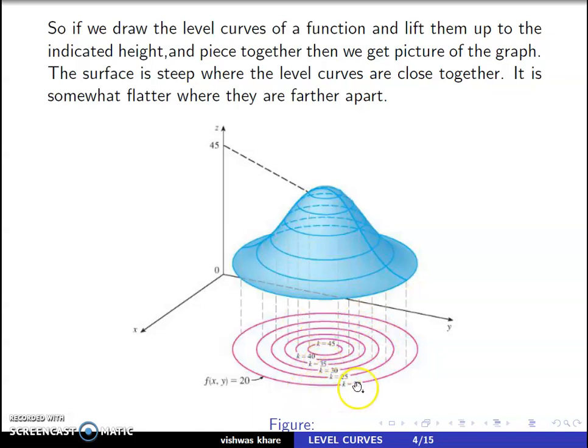In particular, the k = 20 level curve is lifted up to the height k = 20, and in this way all these curves are lifted, and we get a picture of the graph of the function. Where the level curves are further apart, the graph is flatter, and when the curves are nearer, the graph is steep.